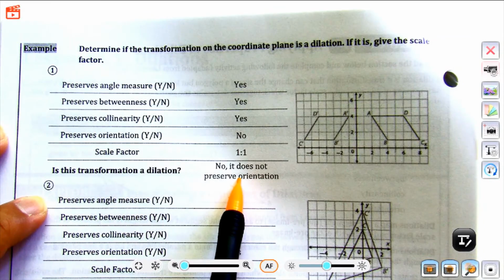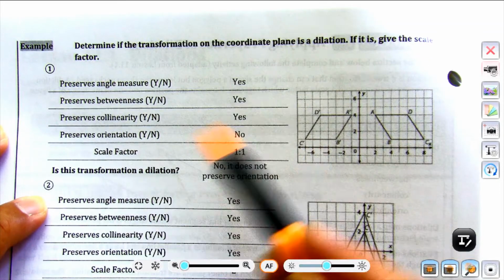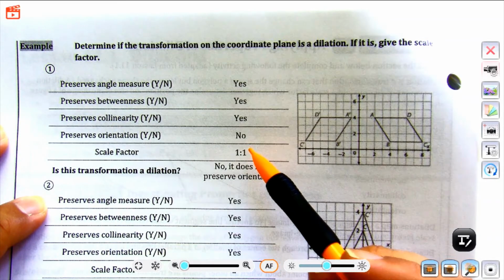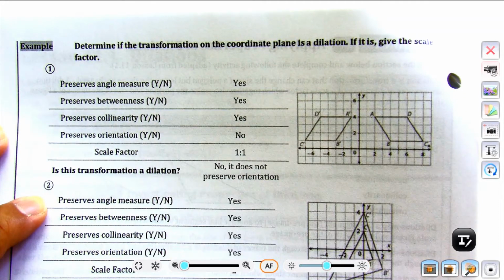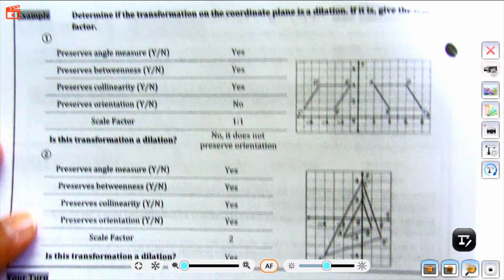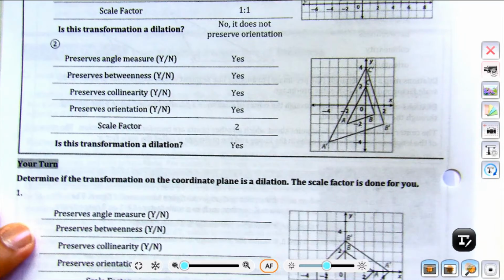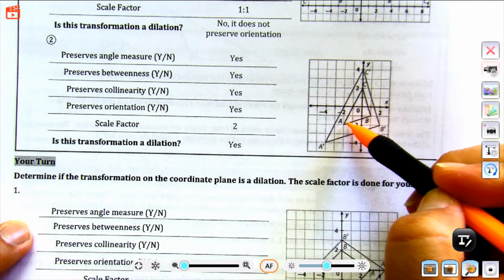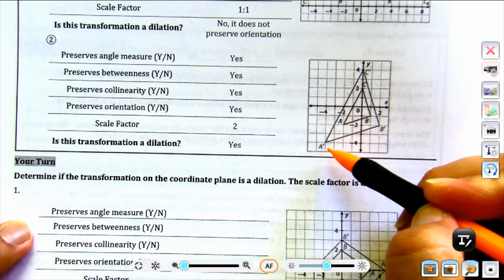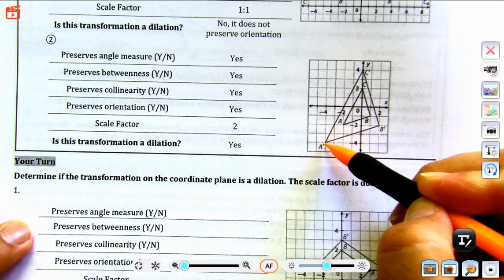Okay, let's do one more example. So our pre-image is ABC, and our image is A prime, B prime, C prime. So let's look at the preserved angle measure. Angle A and angle A prime and all of these angles look like they preserve the angle measure, so that would be a yes.